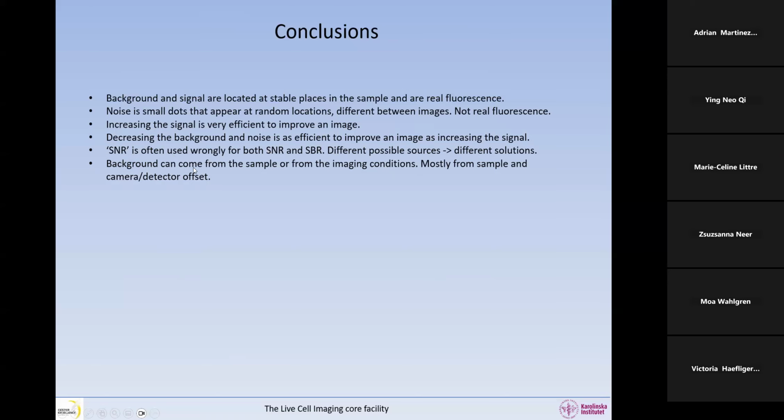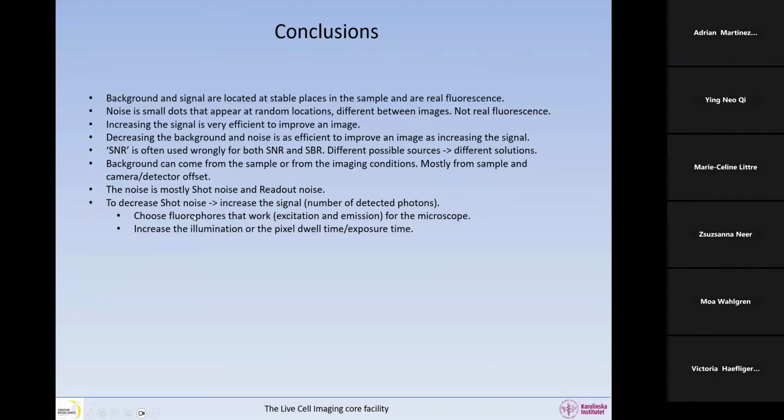But it can also come from the camera and detector offset. The camera offset is always there. We always have about 100 counts as a camera offset. And the noise is mostly shot noise and readout noise. It's actually mostly shot noise, but the readout noise, if you image fast, becomes significant as well. To decrease the shot noise, you need to increase the signal.